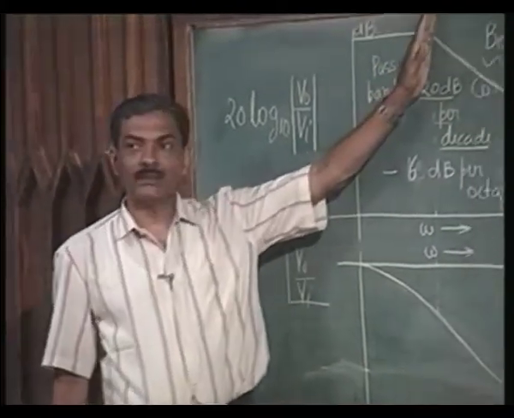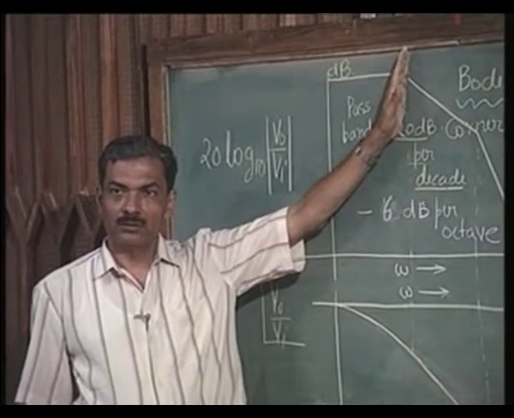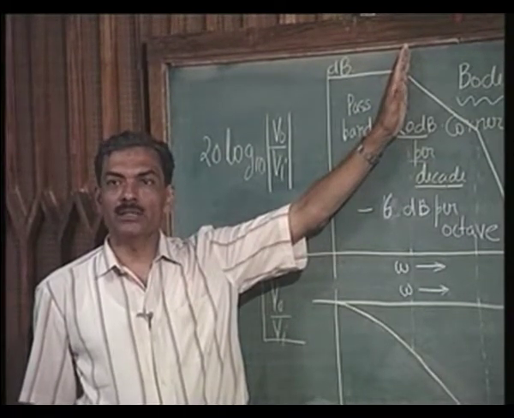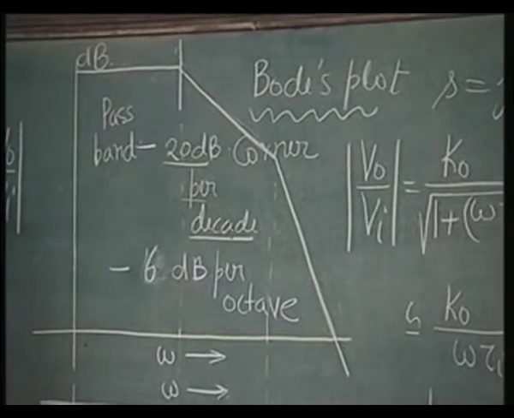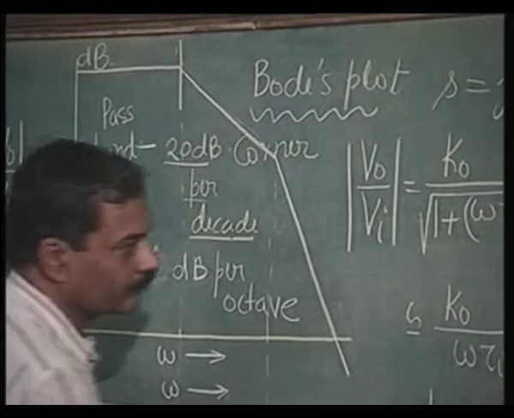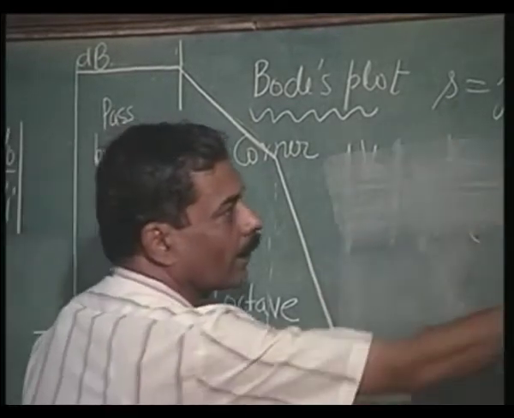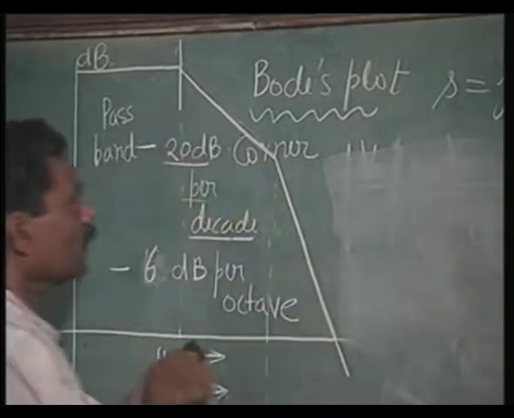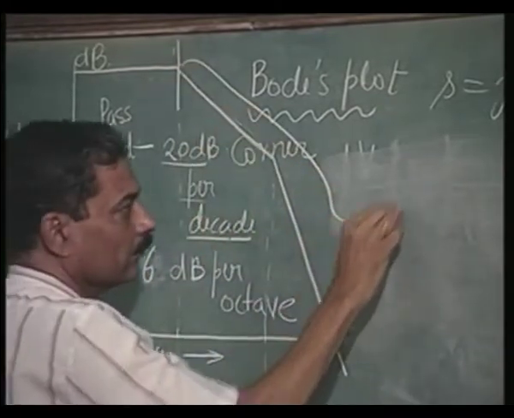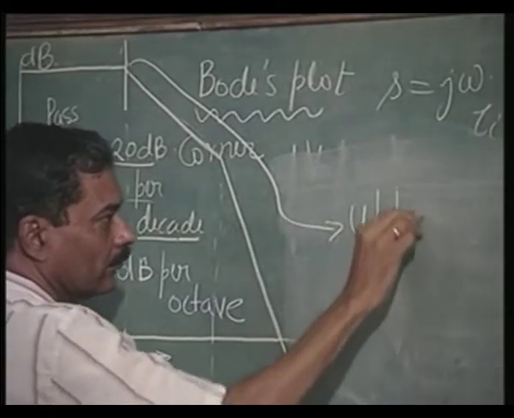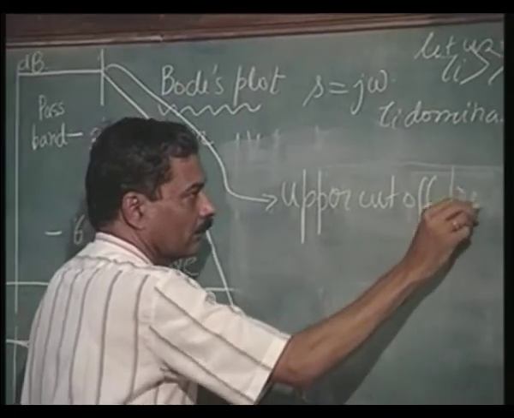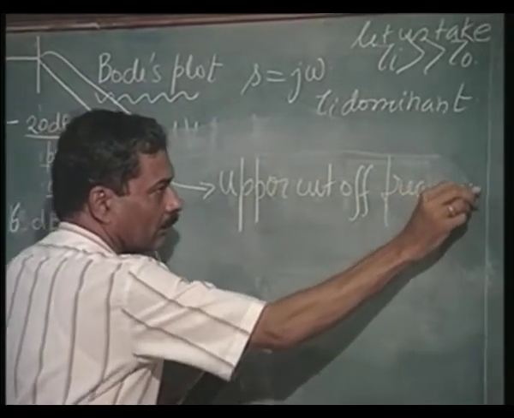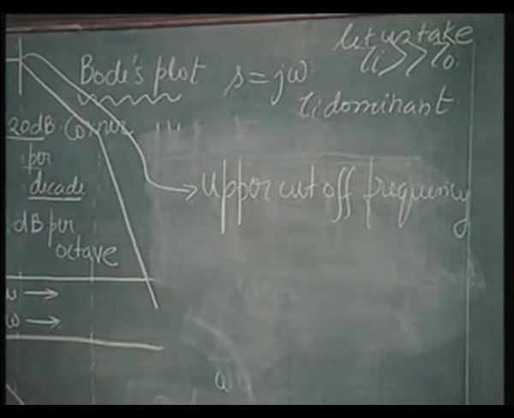This is called the upper cutoff frequency. This is the first corner frequency in control terminology, or this is also called upper cutoff frequency.